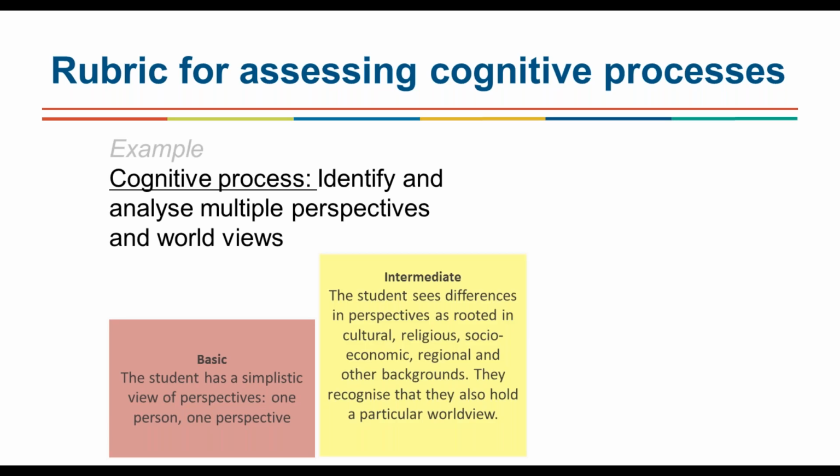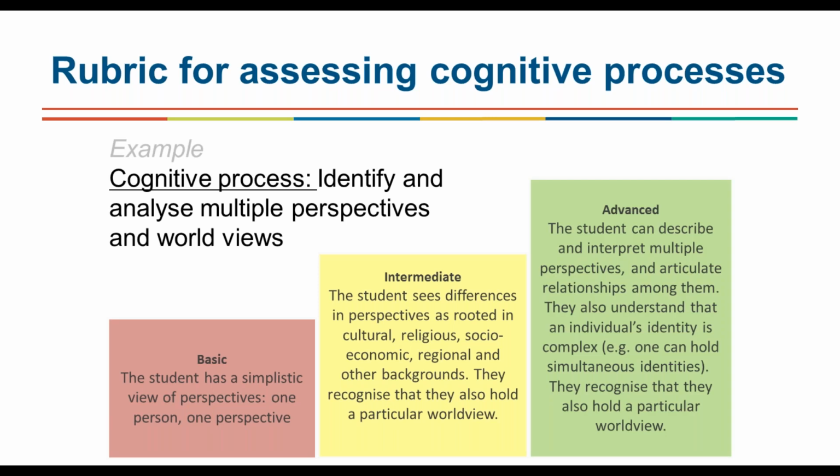A student that has an intermediate level of development would begin to see that differences in perspectives are rooted in various backgrounds and causes. And they would also recognise that they too have their own particular worldview. A student who has an advanced level of this cognitive skill would be able to describe and interpret multiple perspectives and be able to describe the relationships between these perspectives.